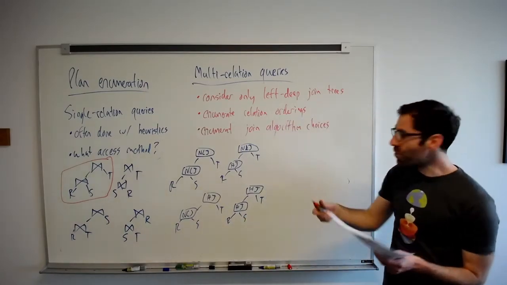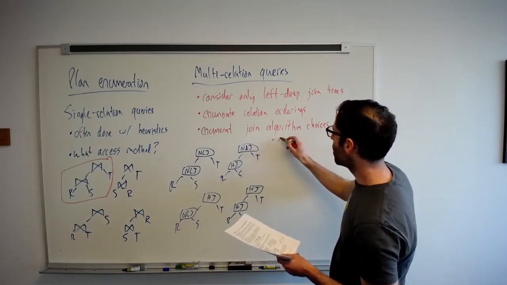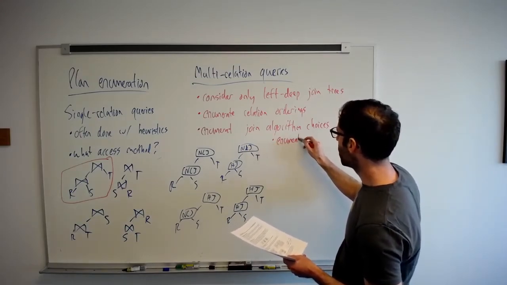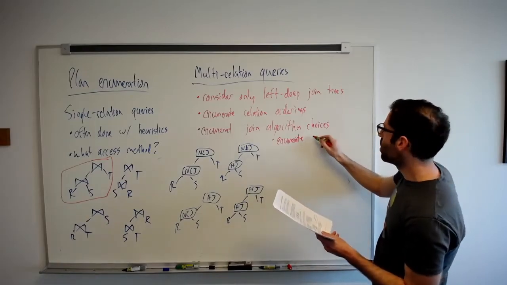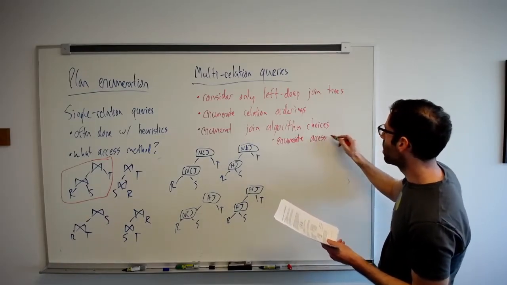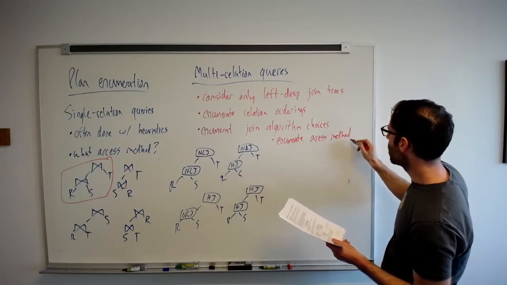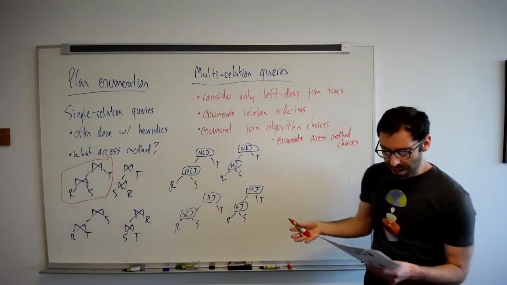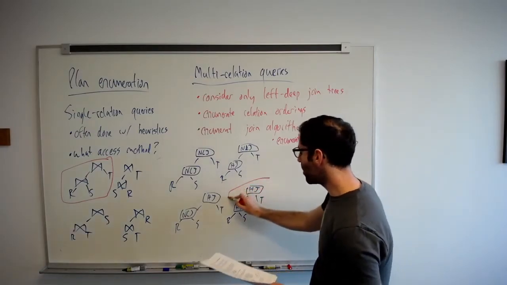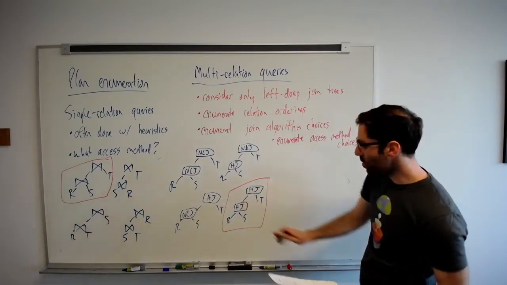And then for each of those, we're going to enumerate the access method choices. So maybe I take, for example, this one here.